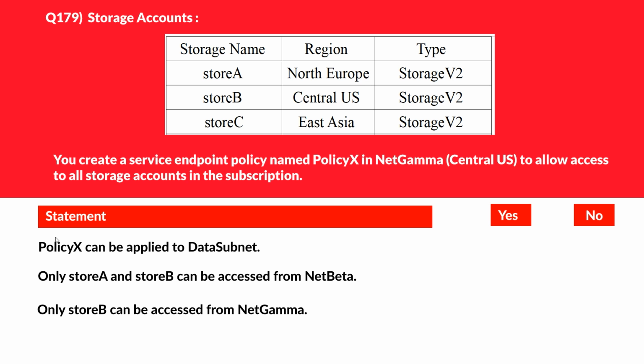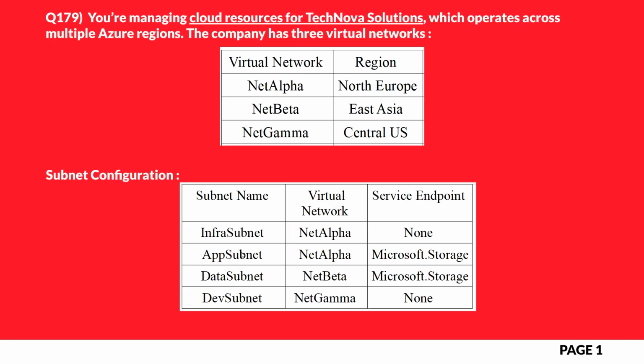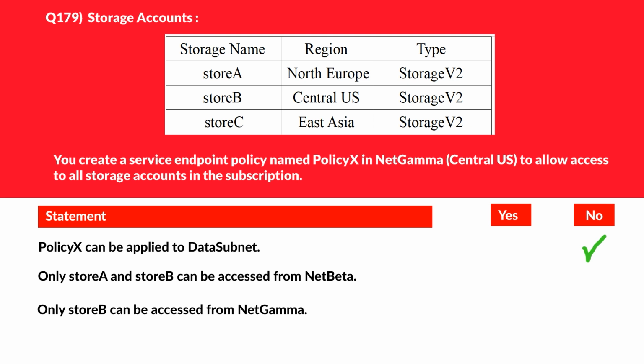So how do we know it? Policy X, if we look here in net gamma, which is Central US, it's mentioned, right? Policy X, Central US. And for data subnet, let's go one step back. Here we go with the data subnet, and here we have net beta. Net beta is in East Asia, right? So the different region, therefore the answer is no.